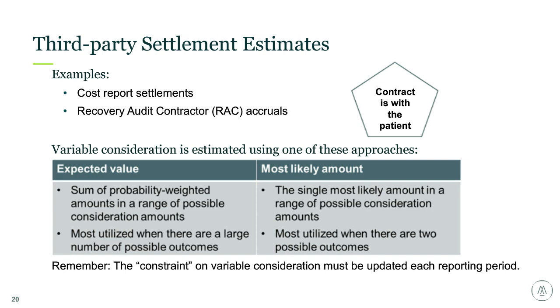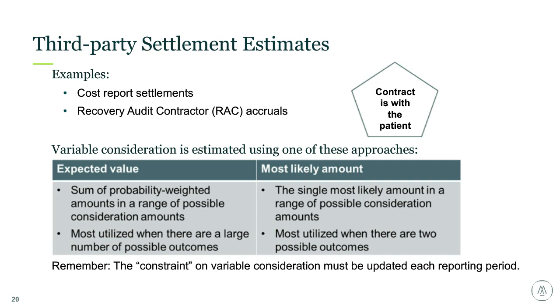So you likely will be able to use the most likely amount method, and you wouldn't have much difference between what you're doing now under 605 and what you would do going forward under 606.